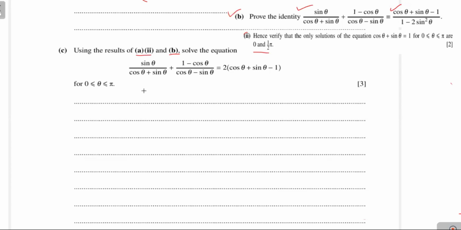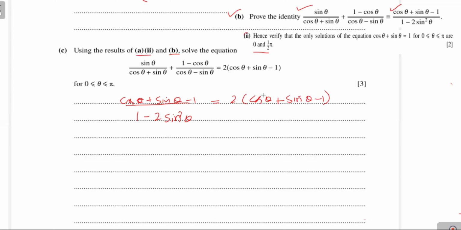Therefore, we write this value cos theta plus sin theta minus 1 against the left hand side. Now we write cos theta plus sin theta minus 1 over 1 minus 2 sine square theta. And right hand side we write here as it is 2 into cos theta plus sin theta minus 1.